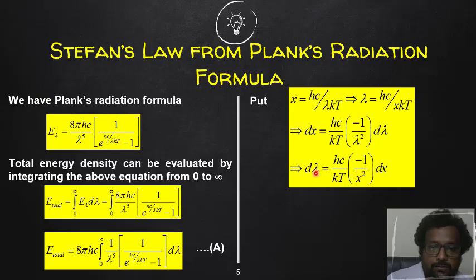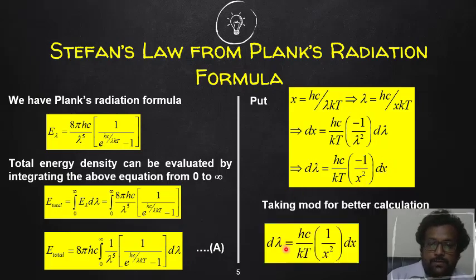If you take the modulus of dλ, you are left with (hc/kT) dx/x². So λ = hc/xkT and dλ = (hc/kT) dx/x². As I said, if we take the modulus, we are left with dλ = (hc/kT)(1/x²) dx.